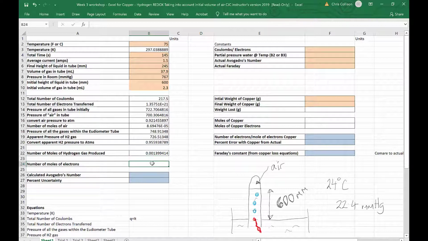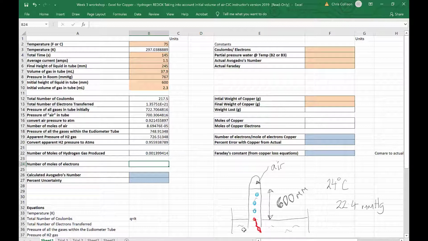And lastly, what we're going to do is calculate the number of moles of electrons that would, of course, be needed in order to convert hydrogen ions into hydrogen gas.